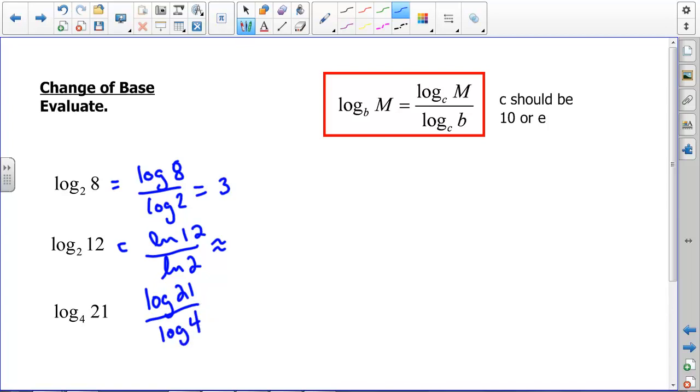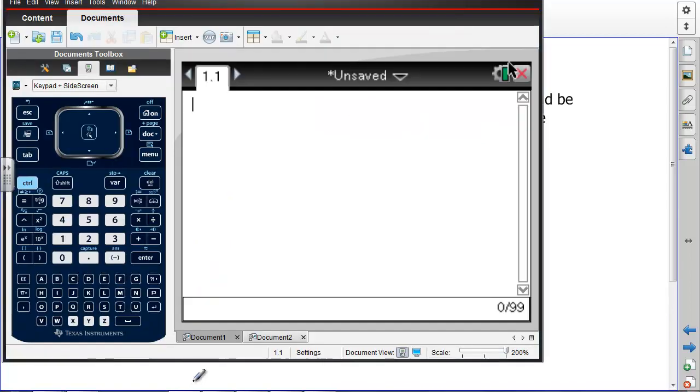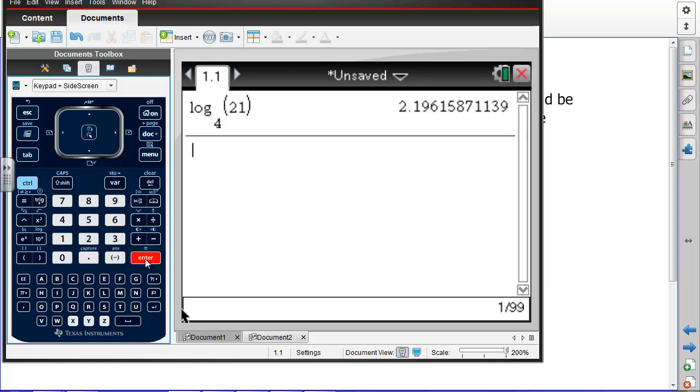And I'm just going to click over here to the calculator real quickly, and you see, I could do right here, control, log base 4 of 21. And this is why we don't necessarily need to know the change of base, especially if you have an Inspire.